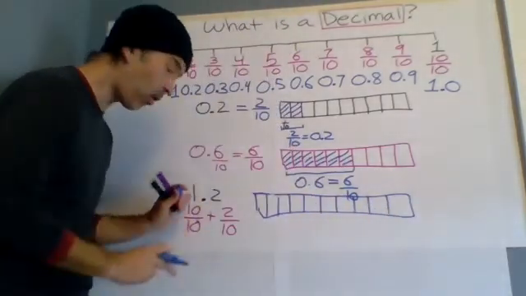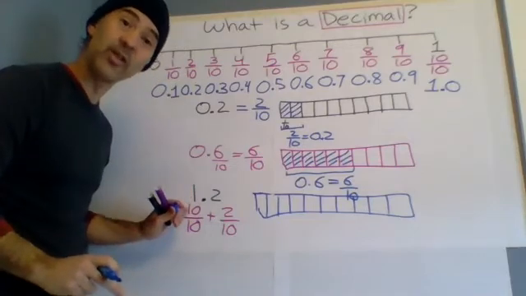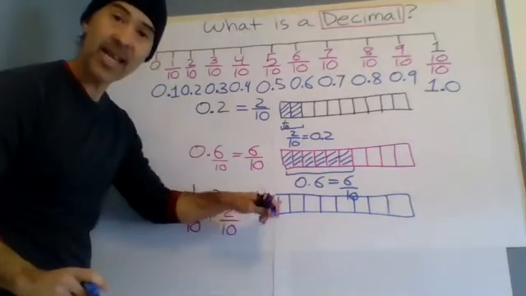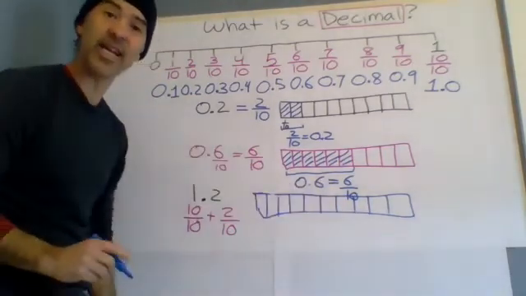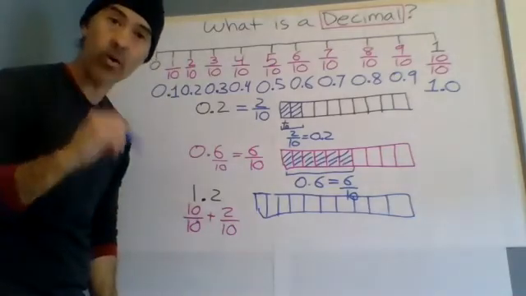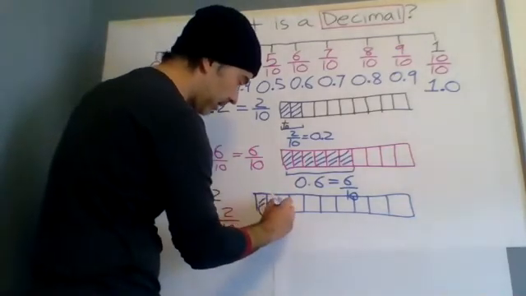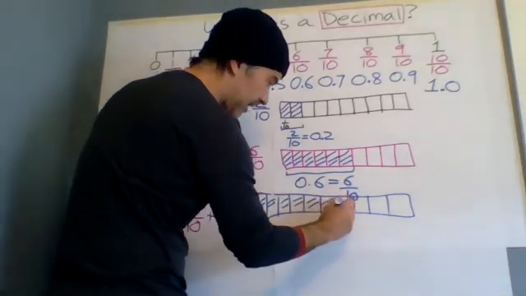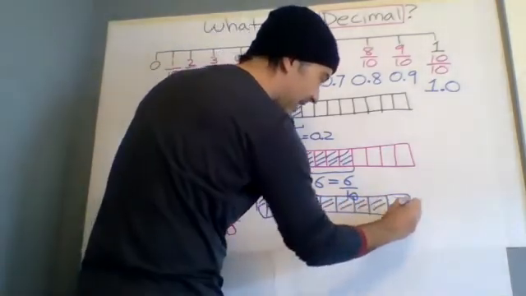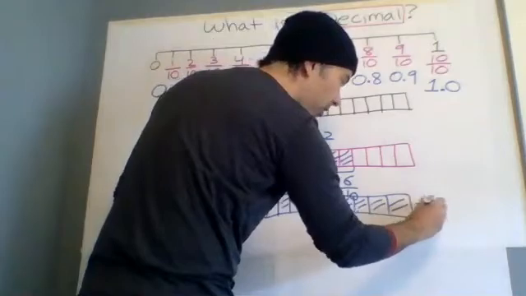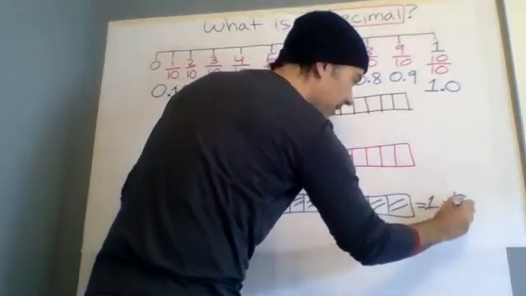Now, if I have a whole and a whole is equal to 10/10, how many of my tenths do I shade in to equal one whole? 10. Shade 5, 6, 7, 8, 9, 10/10. So this equals my whole, which equals 10/10.